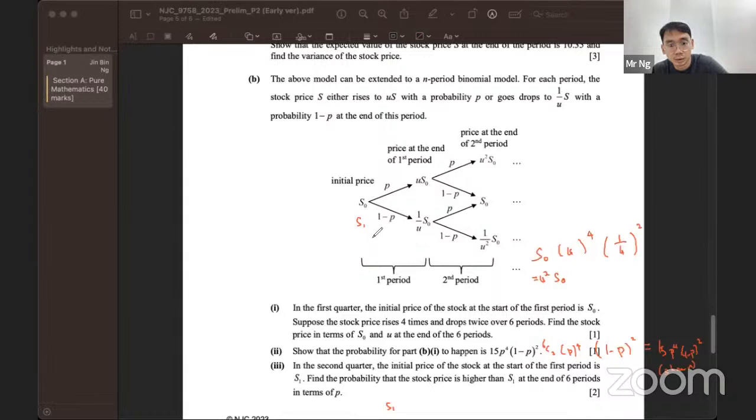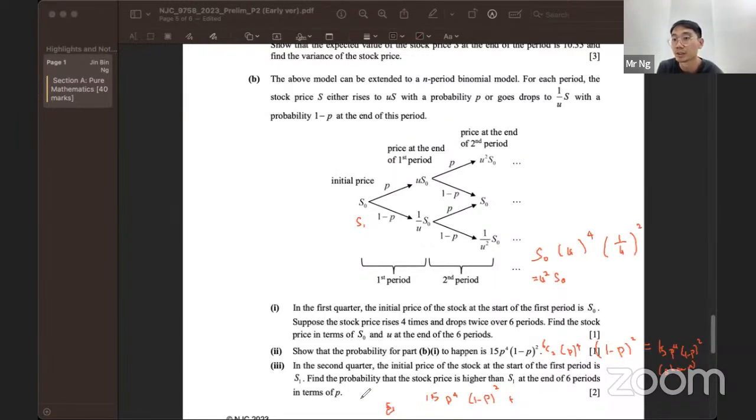So the probability that it is higher: for it to be higher, it has to be 4 increases, 2 decreases. Then after that, 15.